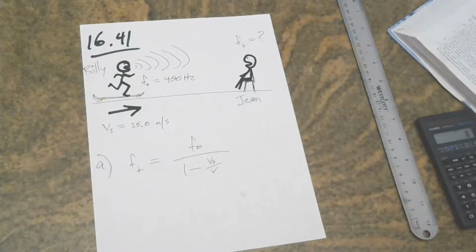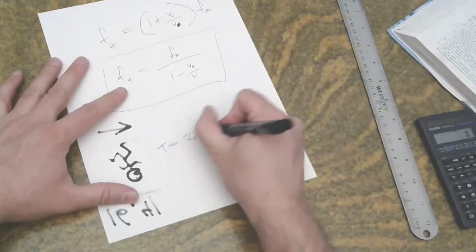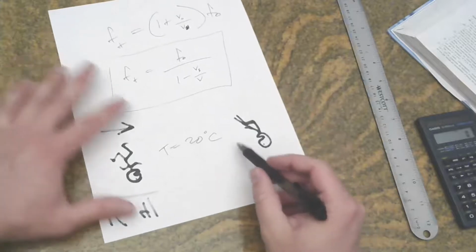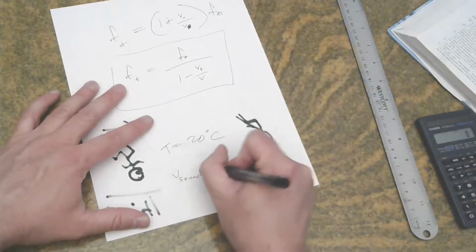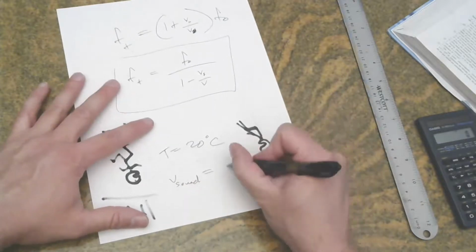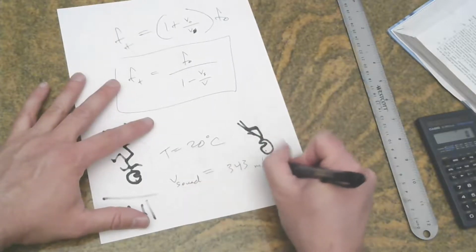So do they give us the temperature here in number 40? No, 41. They actually just give us the speed of sound. So for future reference, when the temperature is 20 degrees Celsius, which is around room temperature, then the speed of sound is something like 343 meters per second.